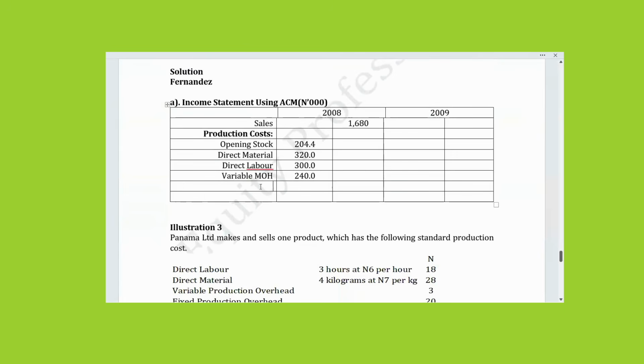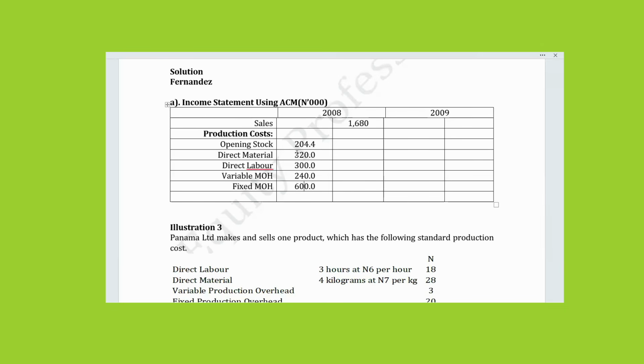So I will come here, fixed manufacturing overhead, 600,000. You need to add everything together. 204.4 plus 320 plus 300 plus 240 plus 600.